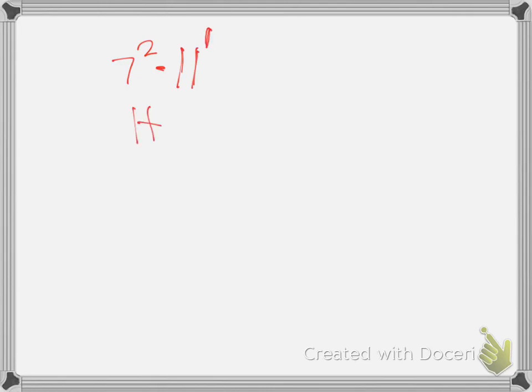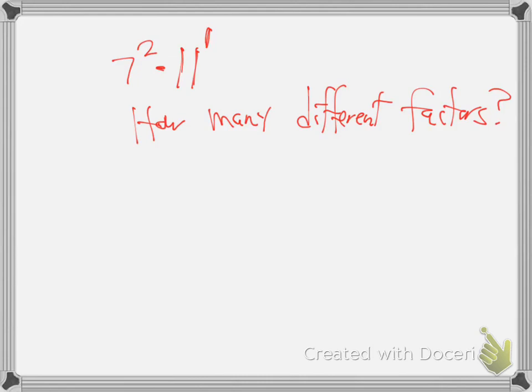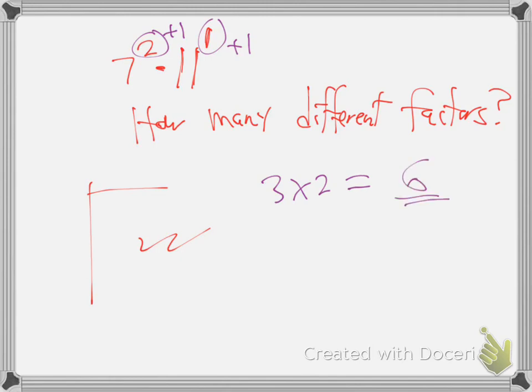Tell me how many different factors, divisors, whatever, things in the box, if I was to make the whole box, how many things would be in the box? We take the power and we add 1. Take the power and we add 1. So the box would end up being 3 by 2, 6 different divisors, right?